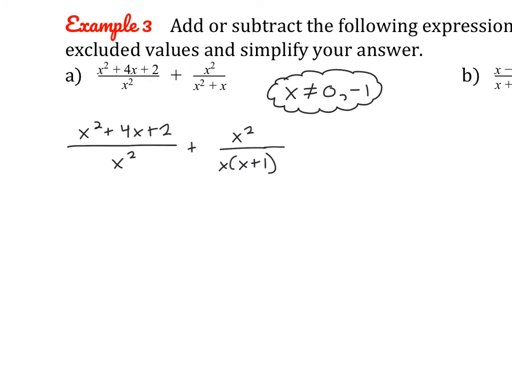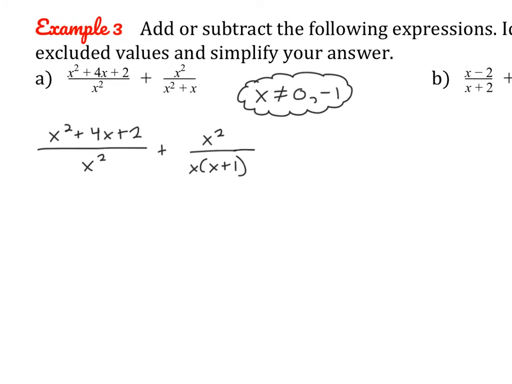So if we look at what the LCD of these two expressions is, we can see that our LCD is going to be x squared, so it's always going to be the larger power of any factor, times x plus 1. So we actually are not going to cancel out a common factor here because we're just going to multiply it right back in, so there's no use there.